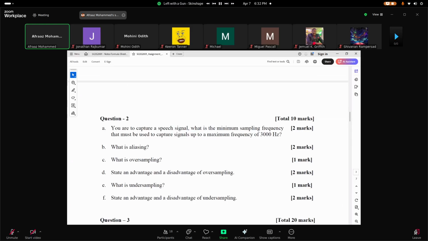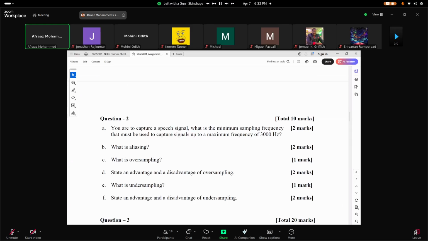For the first question, you have to determine what is the minimum sampling frequency given this signal with a frequency of 3000 hertz.